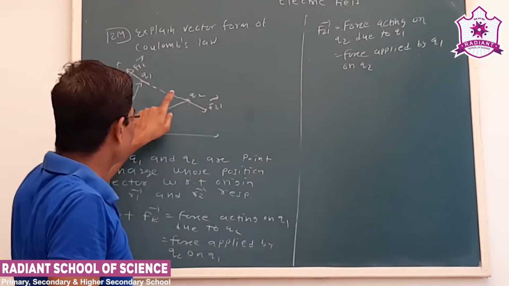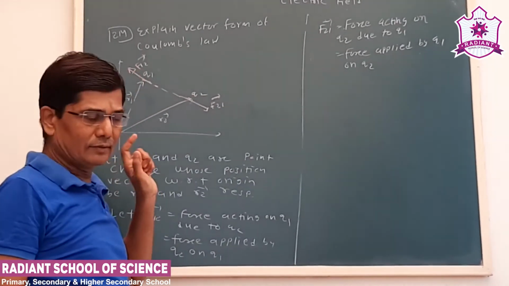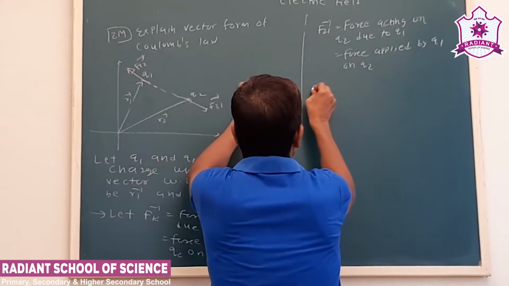Similarly, F21 is the force acting on Q2 due to Q1. Now this is the vector form.